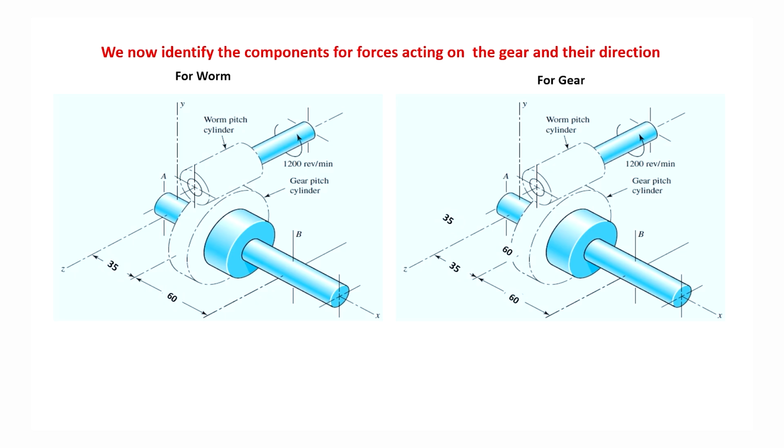Now, we identify the components of forces acting on the gear and their direction. If we see the worm in this figure and gear in this figure, then the x direction of the worm, what is the x direction? This is the x direction on the worm, and this is the tangential direction of the worm.